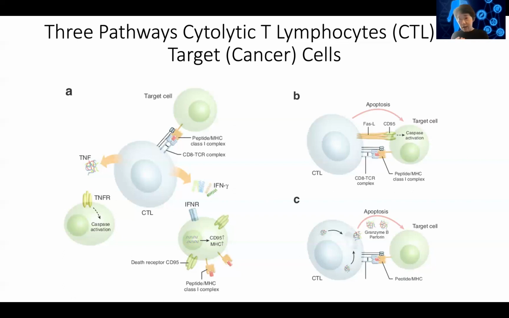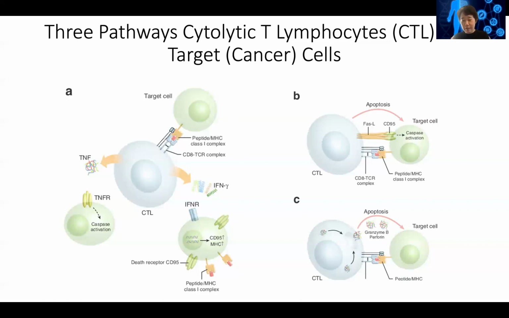Those are packaged into little granules of poison and sent to the target cell. And so when granzyme are released in the target cell, the cancer cell will die again. And so this is also through contact of the two cells and the granzyme punching the hole right at the two cell interaction surface.